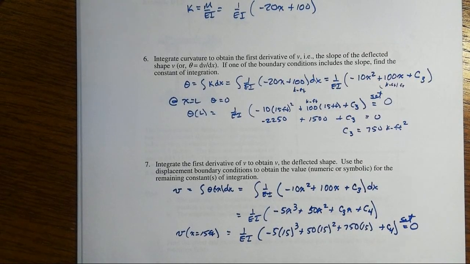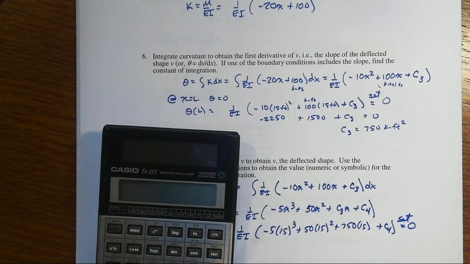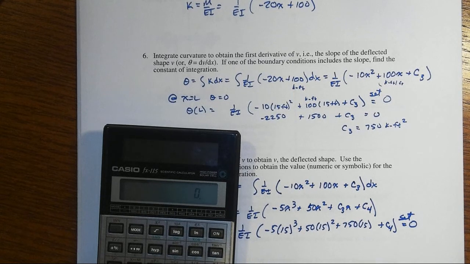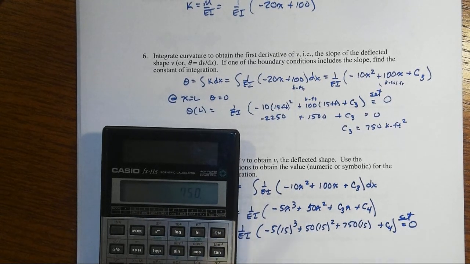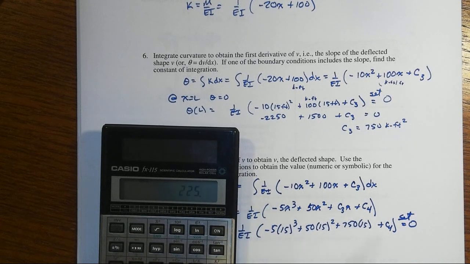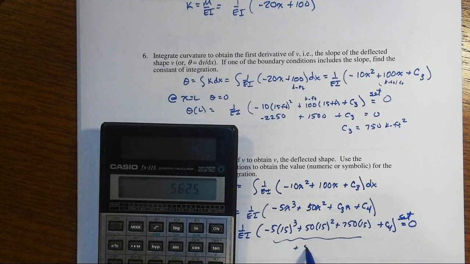Right, well, let's see what that's going to work out to be. Let's do this backwards. 750 times 15 plus 50 times 15 squared minus the 5 times the 15 cubed. And that's a plus 5625 kip-foot cubed.